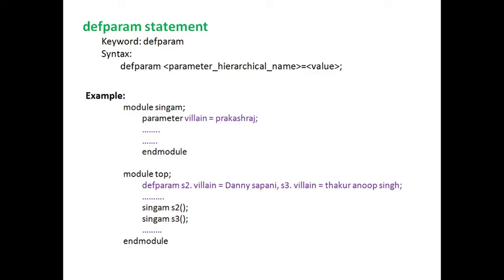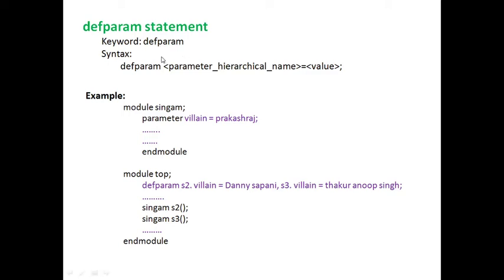As I have said, the parameter values can be altered separately for each module instance. So this defparam statement is used to change the parameter values in a module instance by the defparam keyword. Let me take an example here.